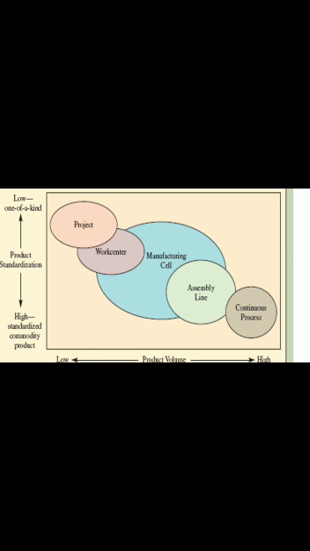This type of manufacturing system is set up for products which are produced in high volume, and they are generic or standardized products which do not vary as per the requirement of the buyers. Then you can see this assembly line circle is a little bit above the continuous process.